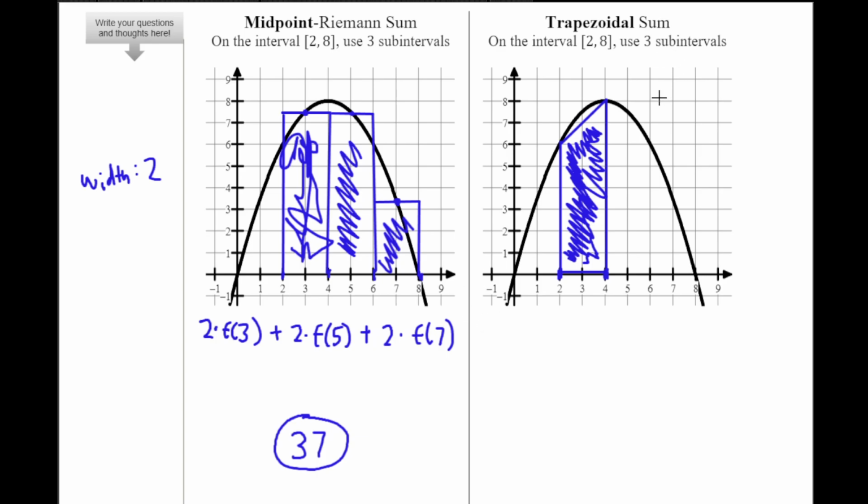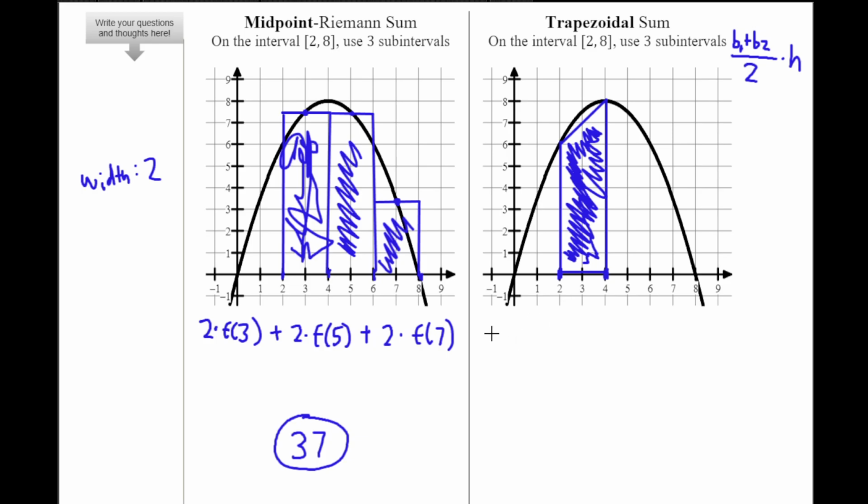But the formula for a trapezoid is base 1 plus base 2 over 2 times the height. You can think about this trapezoid, it's kind of tilted a bit. Because this trapezoid is kind of sideways, the height is from 2 to 4.